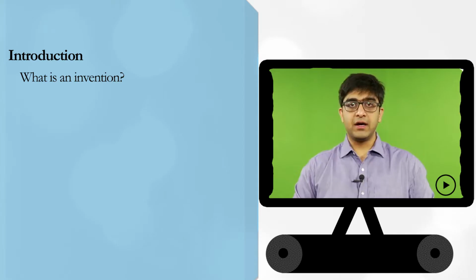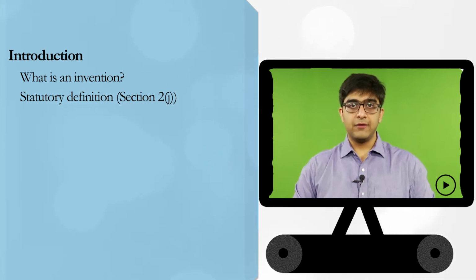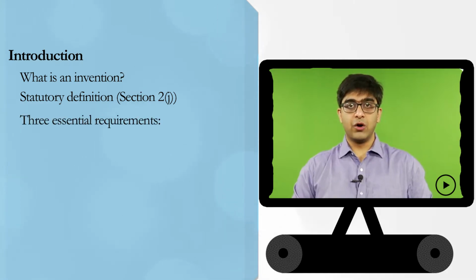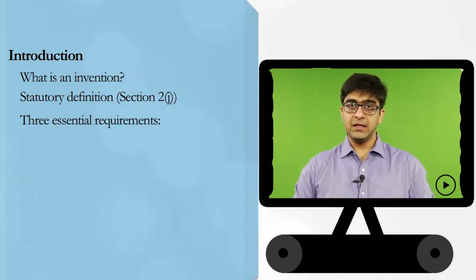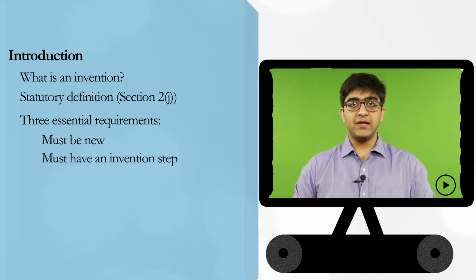Invention is defined under the Patents Act under section 2 clause J. If you read section 2J, and I would recommend you to do so, you would find that there are three elements of an invention. Firstly, it must be new. In other terms, it must possess novelty. Secondly, it must have an inventive step.